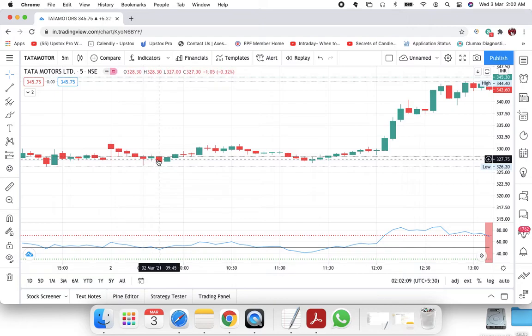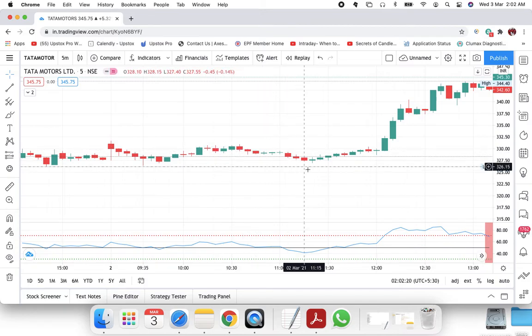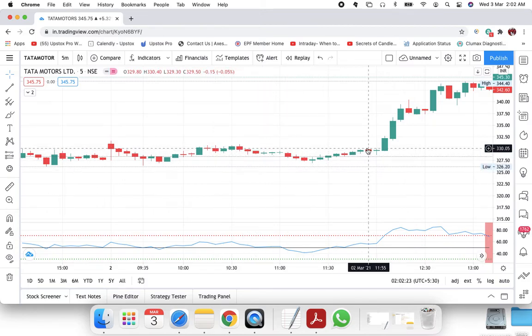And then again buyers are active for some particular point of time, then again sellers, then buyers. So this is completely not telling us any direction, whether it is an upward or downward direction. The market is in uptrend or downtrend, it is not indicating anything.